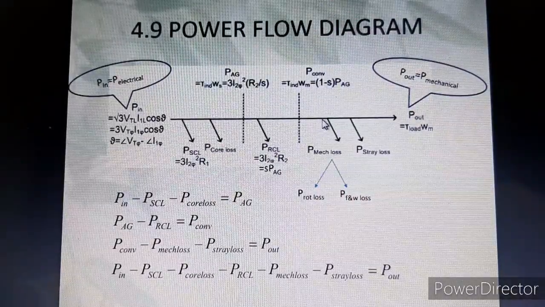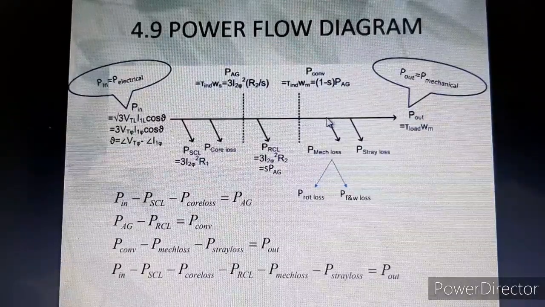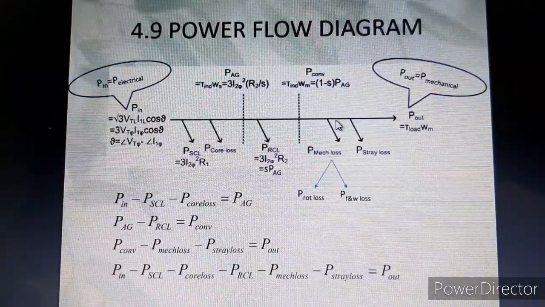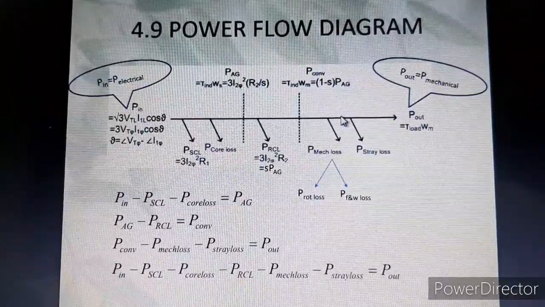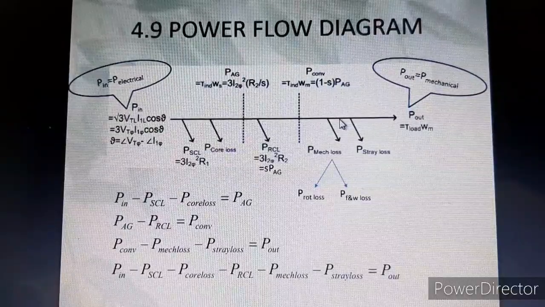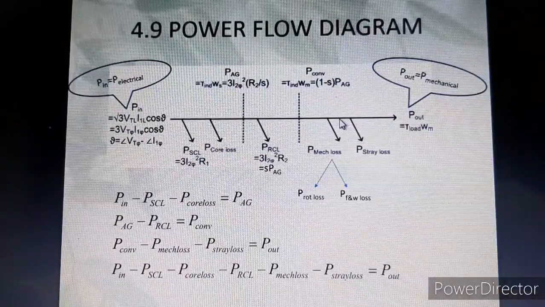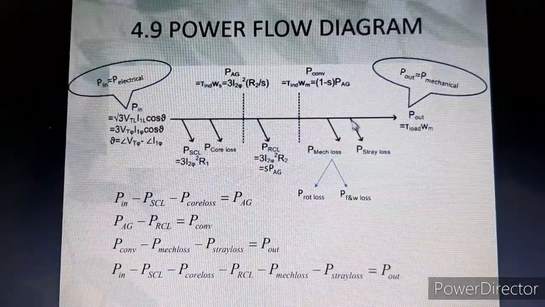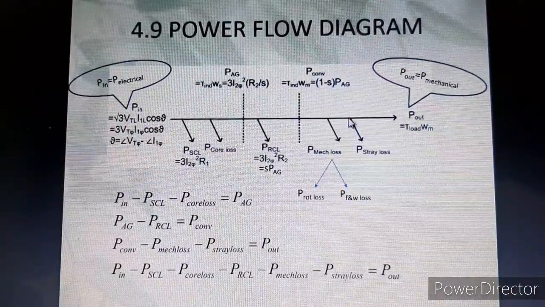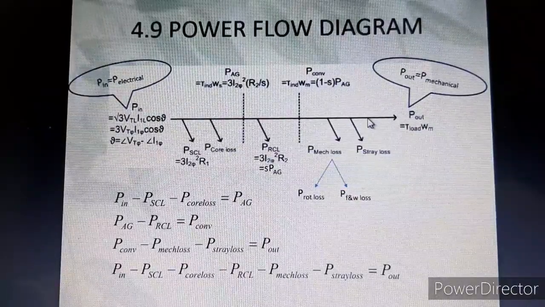Moving forward, you have mechanical loss, another 2 watt, so you are left with 92 watt. Then P stray takes another 2 watt, so you are only left with 90 watt.